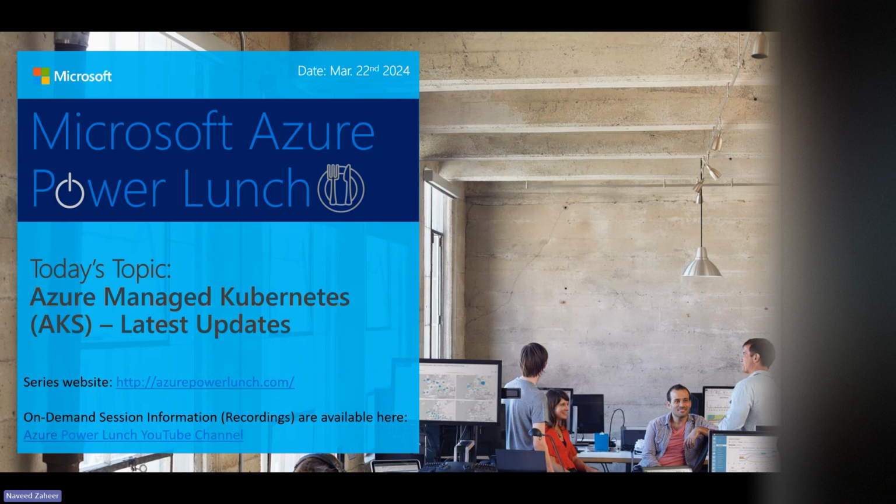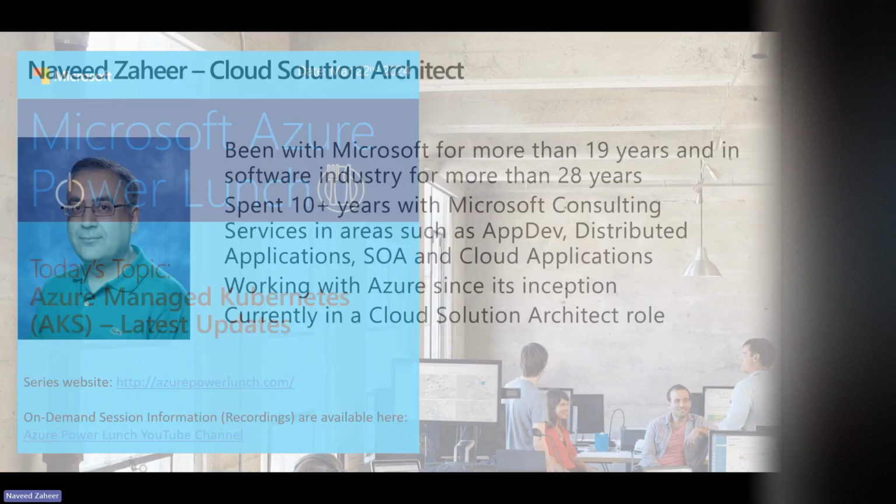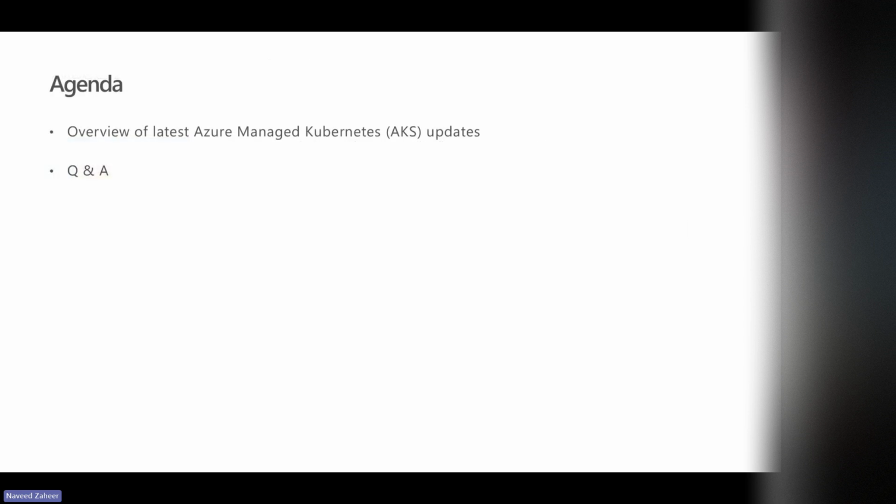The topic of discussion is the latest updates for Azure Managed Kubernetes. In the last few days, there were a couple of big conferences, I think KubeCon and CloudNativeCon, and based on that, a number of updates have been announced for Azure Managed Kubernetes, which is AKS.